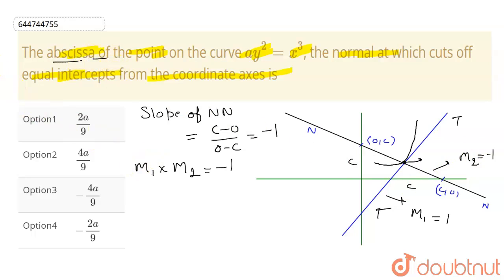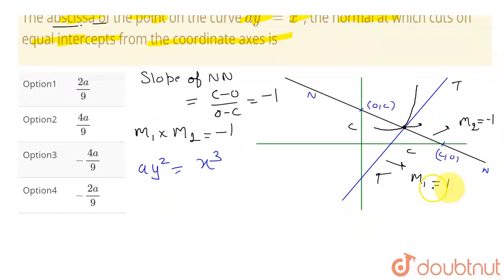For that I can use my curve equation. This is ay square is equal to x cube. To find the slope of the tangent through this curve, I first have to differentiate this. So this will give me 2ay dy equal to 3x square dx.